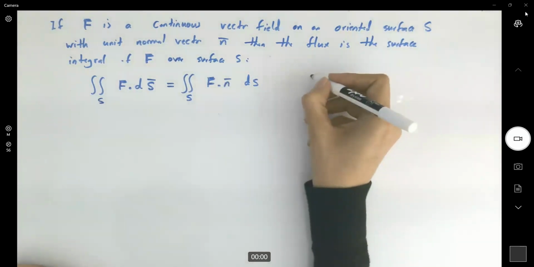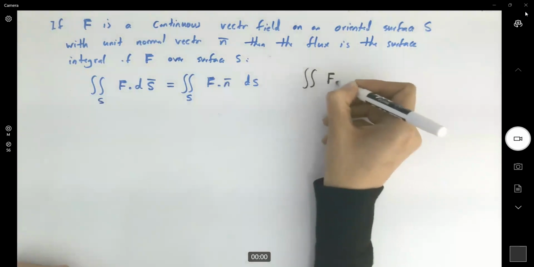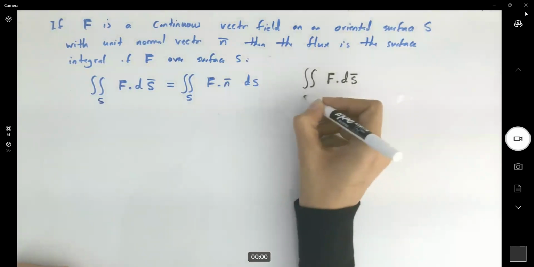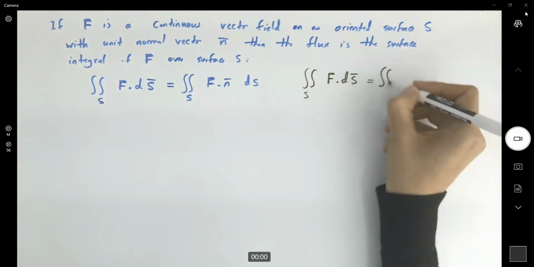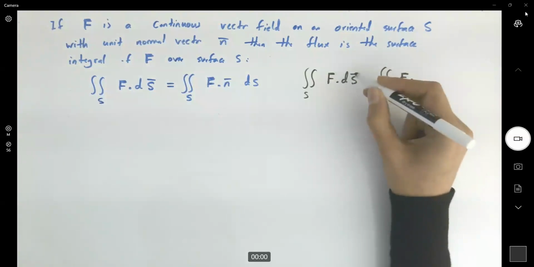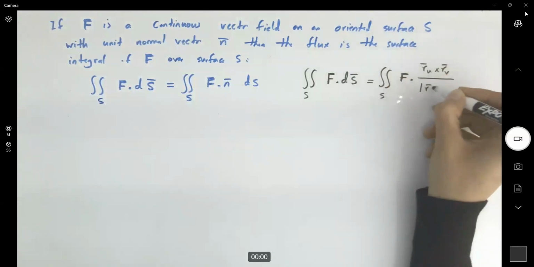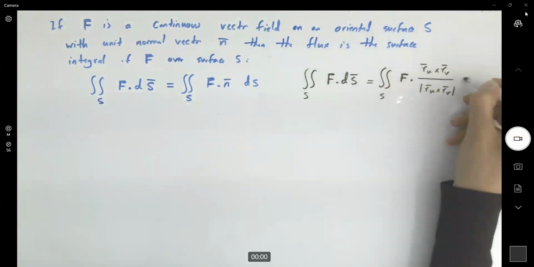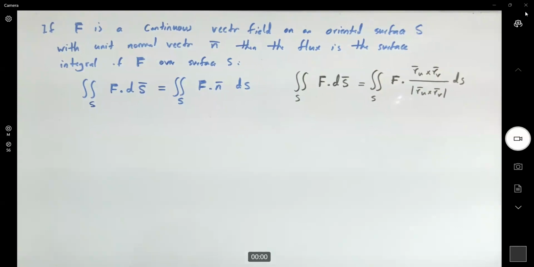Recall that the double integral of F dot dS over S can be written as the double integral of F dot, this dS is the cross product between Ru and Rv divided by its magnitude, times the element of integration over the surface.